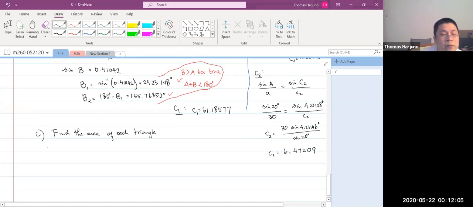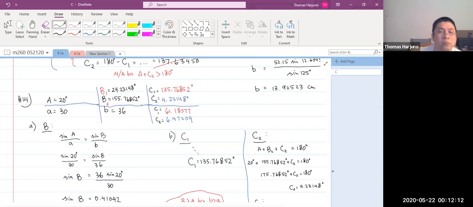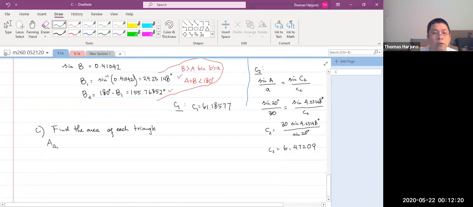Let's deal first with the area of triangle 1. Don't forget that we actually start with the formula: 1/2 the product of two sides times the sine of the included angle.